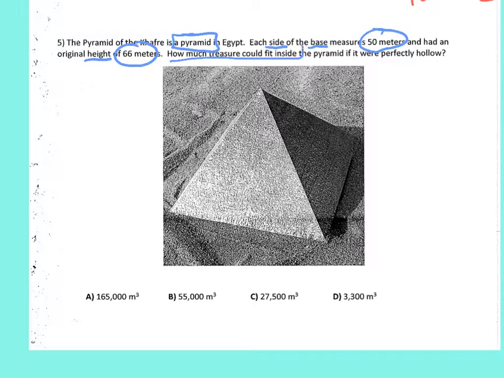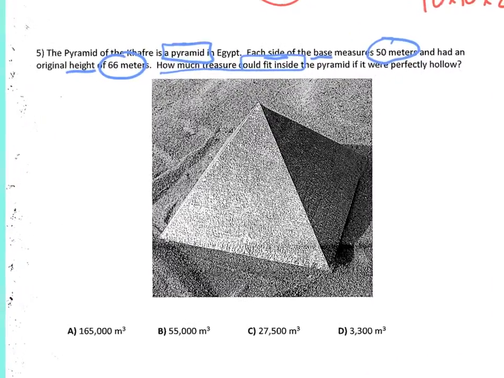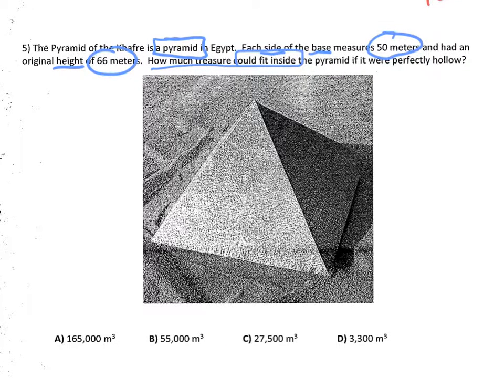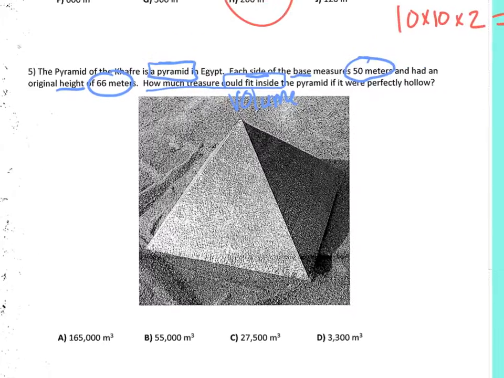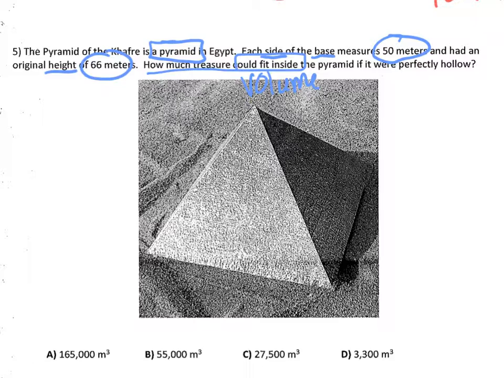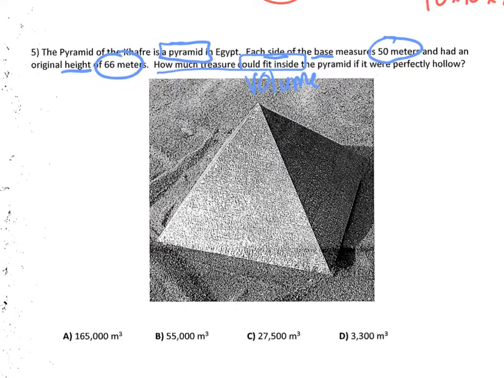How much treasure could fit inside the pyramid if it were perfectly hollow? Is that volume or is that surface area? Volume, because it says inside. If you look at your answer choices, they're all cubic meters. Whichever way helps you figure out if it's volume, that's what you want to use.